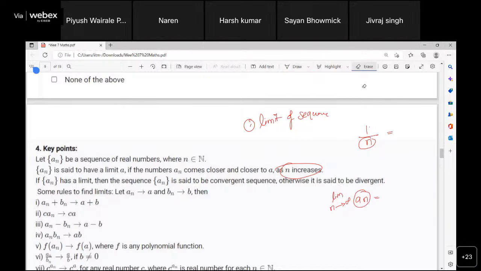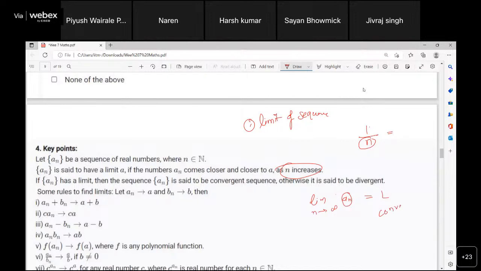And if you find this limit, say for example, limit n tends to infinity of a_n, and you are getting a particular value, say L, then I can say this sequence is convergent.